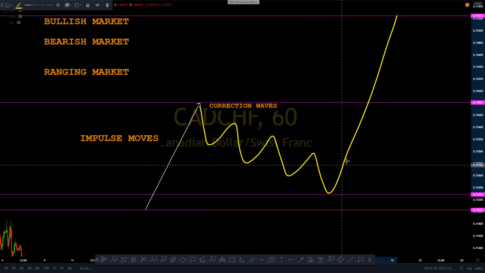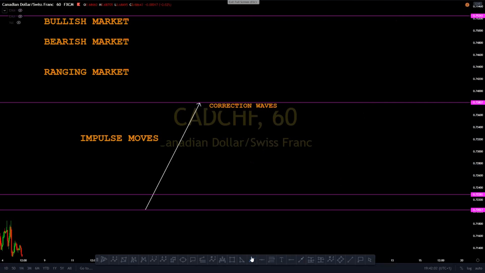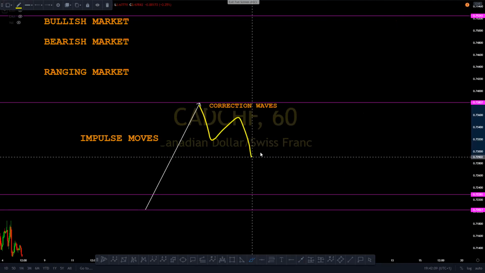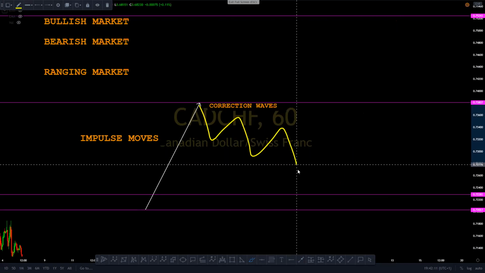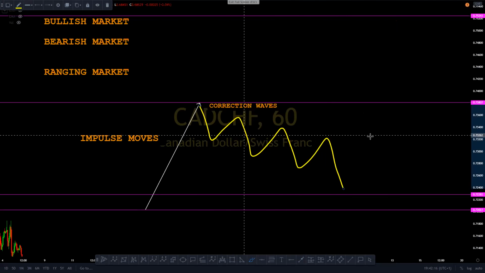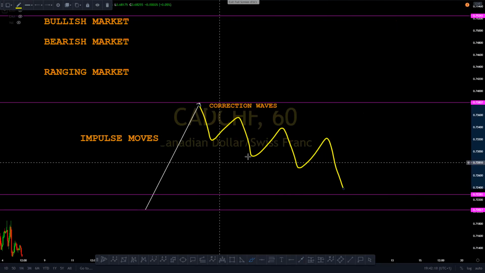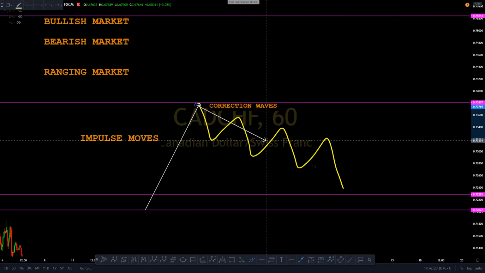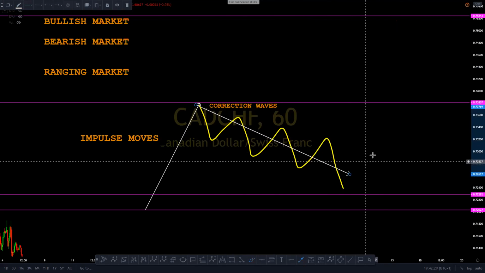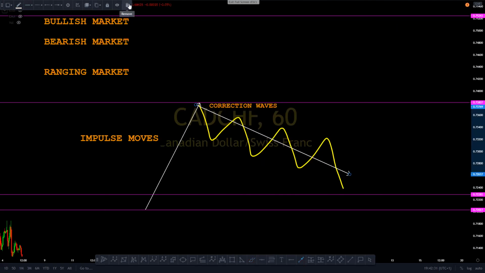Let me remove it so that you will get what I'm saying. When the market comes like this, this is where traders get trapped, and this is where we lose money, 90% of the time.